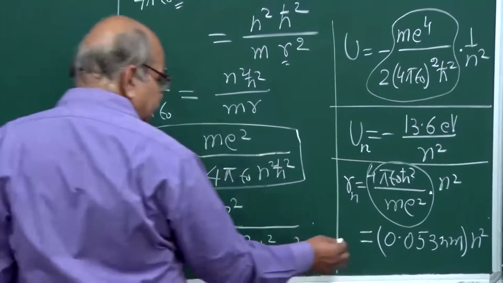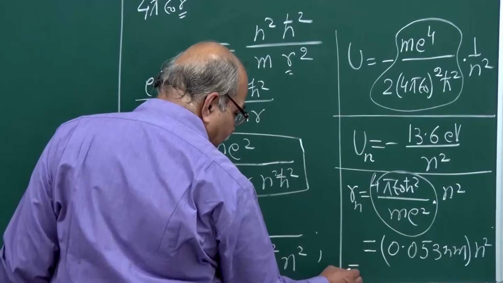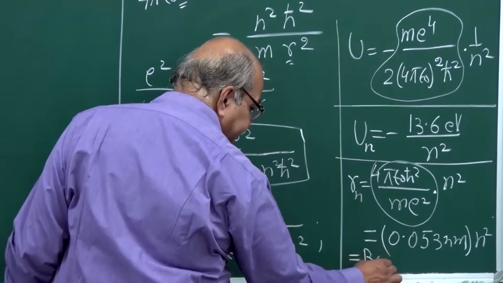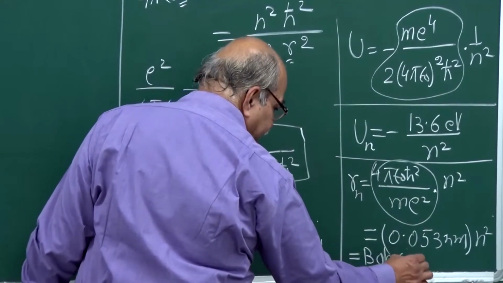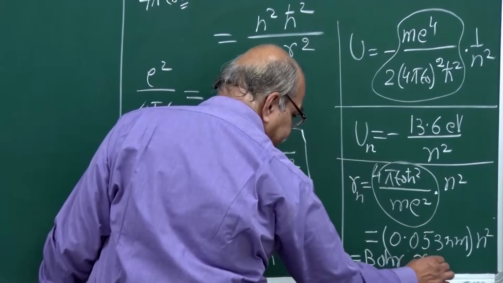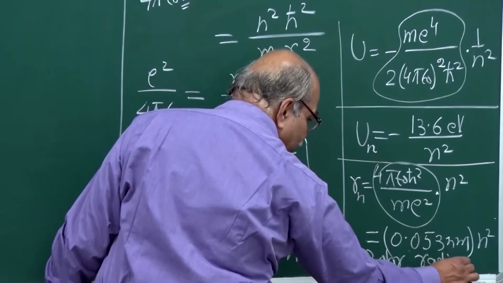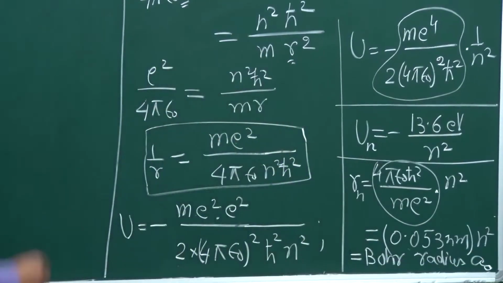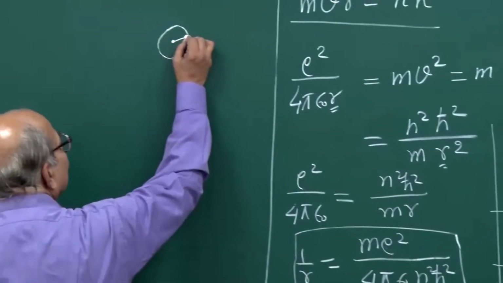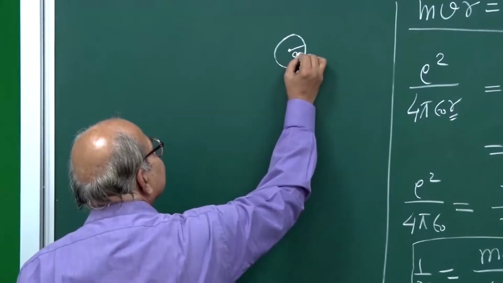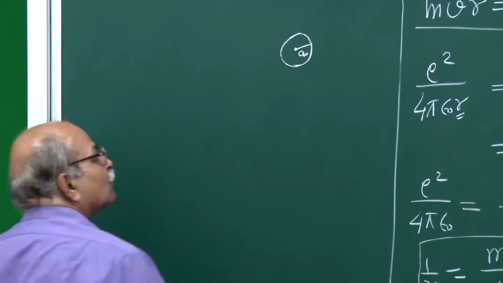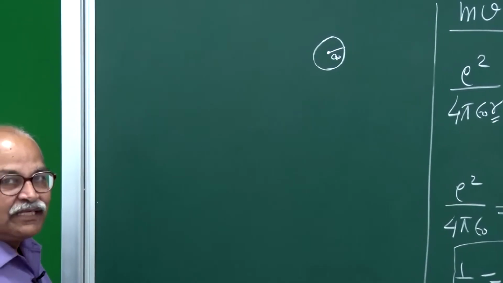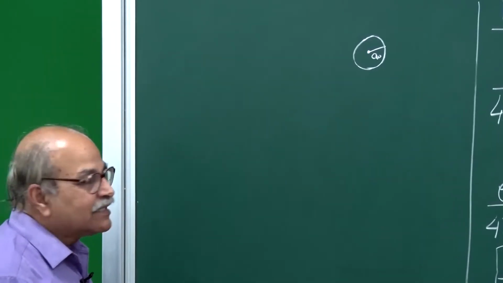By the way, this is known as the Bohr radius, and we show it by the symbol A0. So this radius here is the Bohr radius A0. So this is one allowed orbit, the smallest allowed orbit.